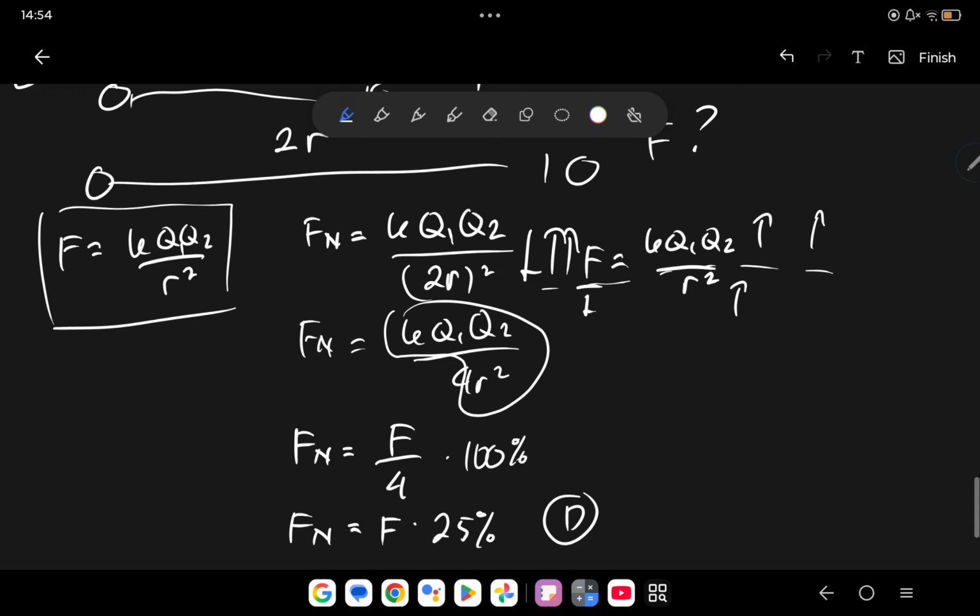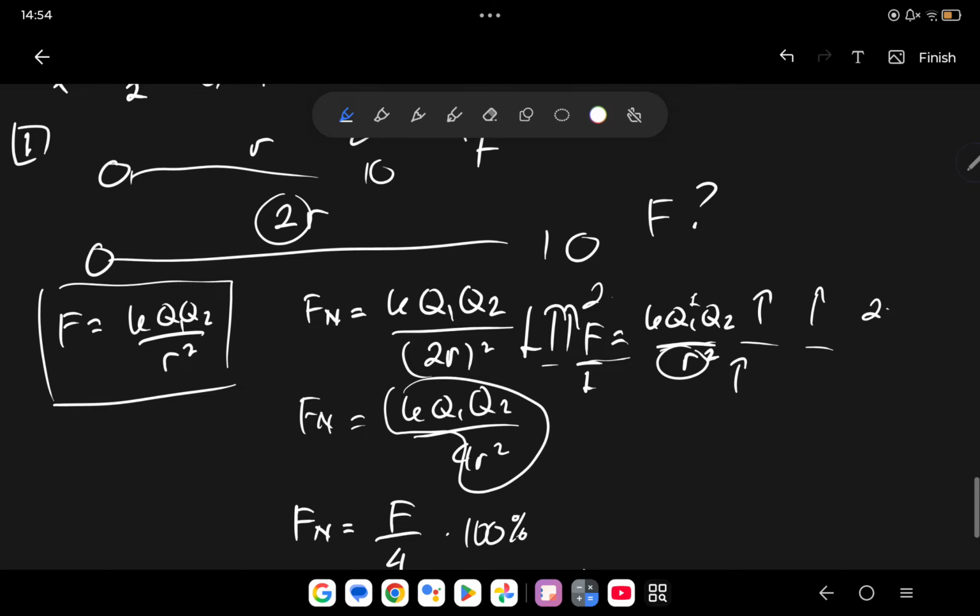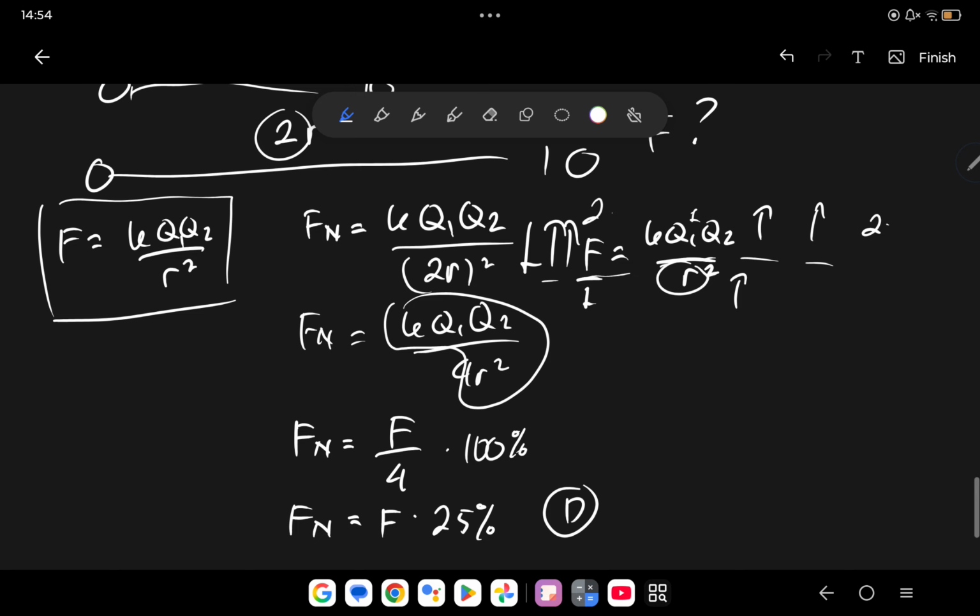This is about proportionality. Now, if you want to figure out how much they get bigger by, you look at the powers. If Q gets 2 times as big, then F will get 2 times as big too, because Q has a power of 1. But if R gets bigger by 2, then F will get smaller by 4.